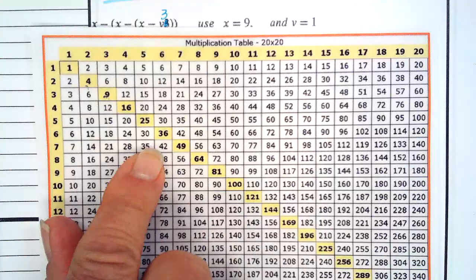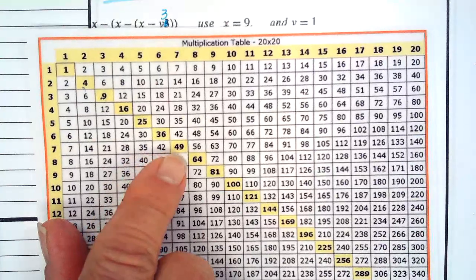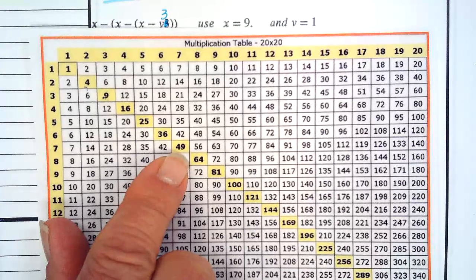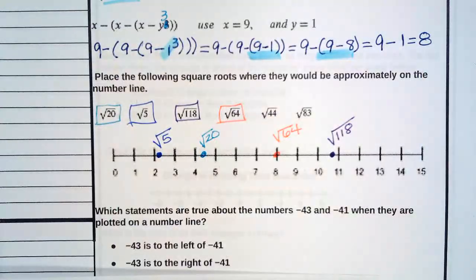The square root of 44 will be between the square root of 36 and the square root of 49. Is 44 closer to 36 or to 49? Well, it's a little bit closer to 49, so it's going to be a little bit closer to 7 rather than to 6.